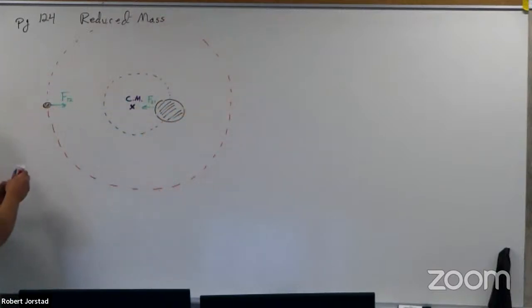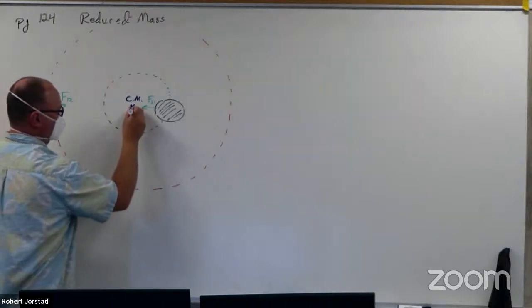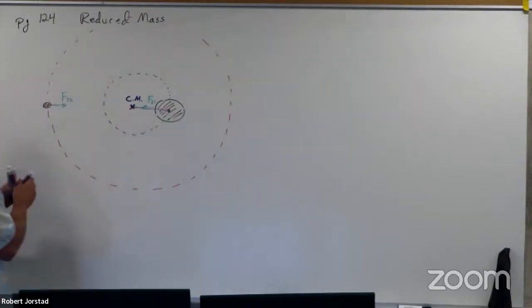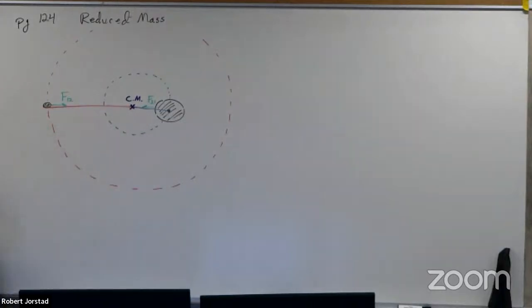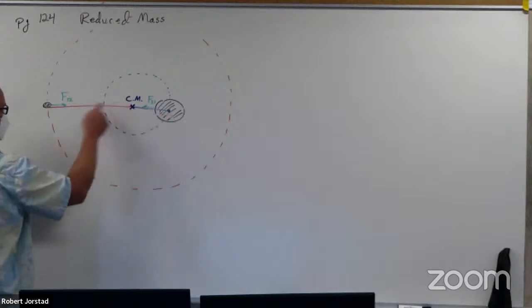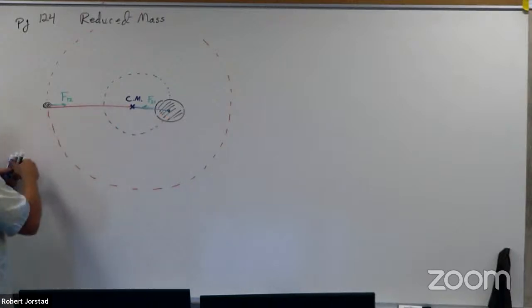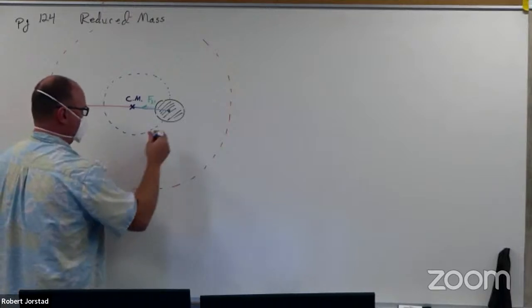And to be clear, this one has a radius to its center. This one has a radius to its center. If I did the free body diagram, and let's just say this one is 1 and this one is 2. So let's say this is mass 2. Let's say this is mass 1.